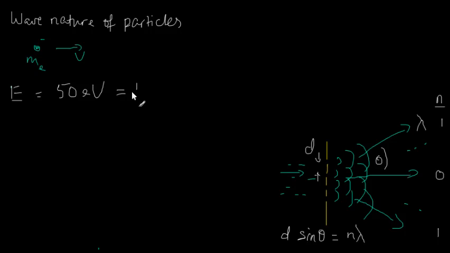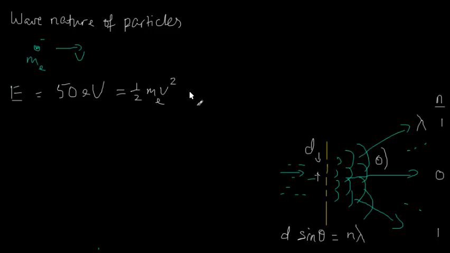That's my half mv squared. So suppose that I have a beam of electrons in which each electron is 50 eV. That means that it must have been accelerated by a voltage of 50 volts before that.